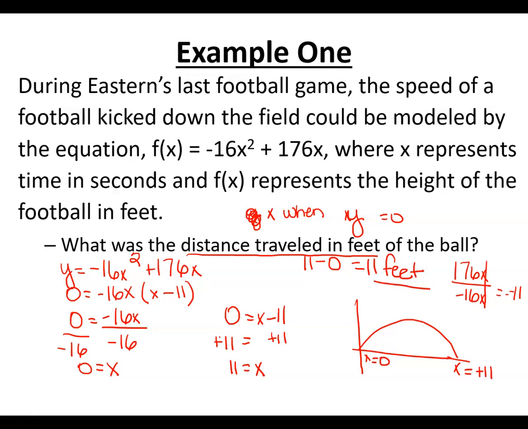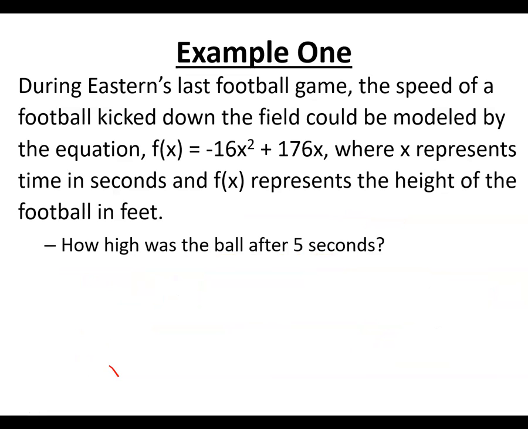Moving right along, this time I want to know how much height the ball has at time 5 on my x-axis. So everywhere I see an x, I want to put a 5. So y equals negative 16 times 5 squared plus 176 times 5.